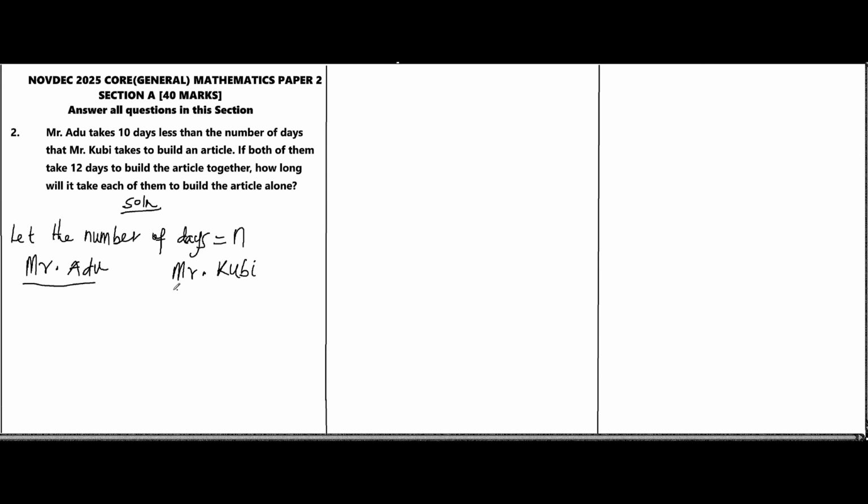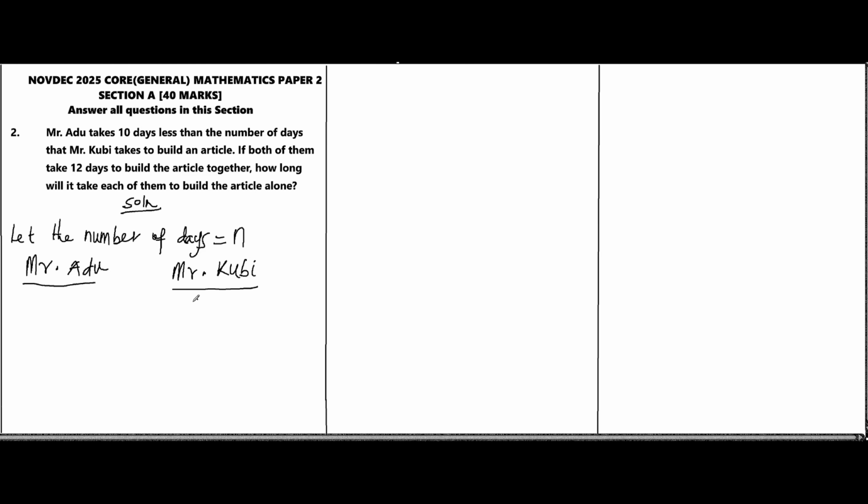Let's represent the number of days. Let the number of days be equal to n. We've represented the number of days as n. So let's begin with that of Mr. Edu, the number of days it takes Mr. Edu to build the artifact, as well as the number of days it takes Mr. Kubi to build the artifact.